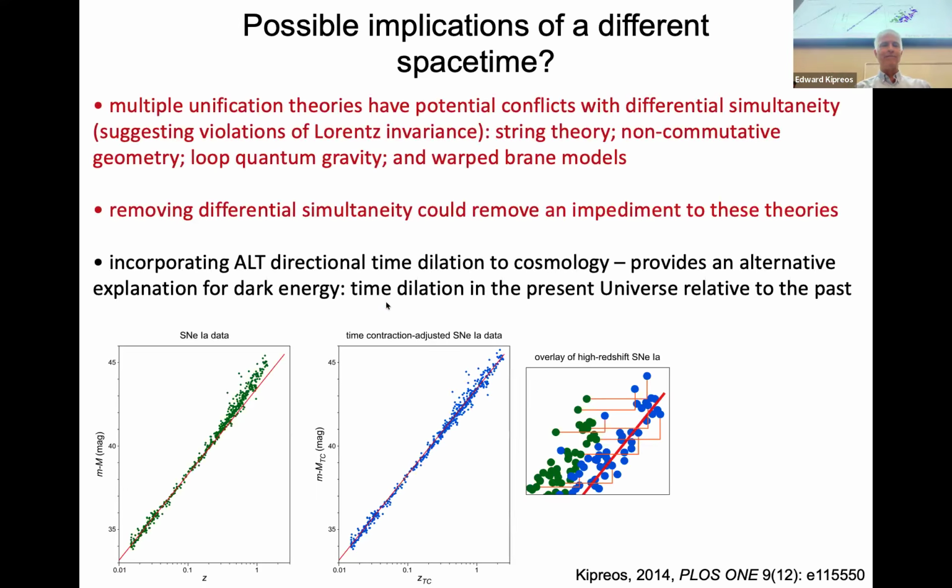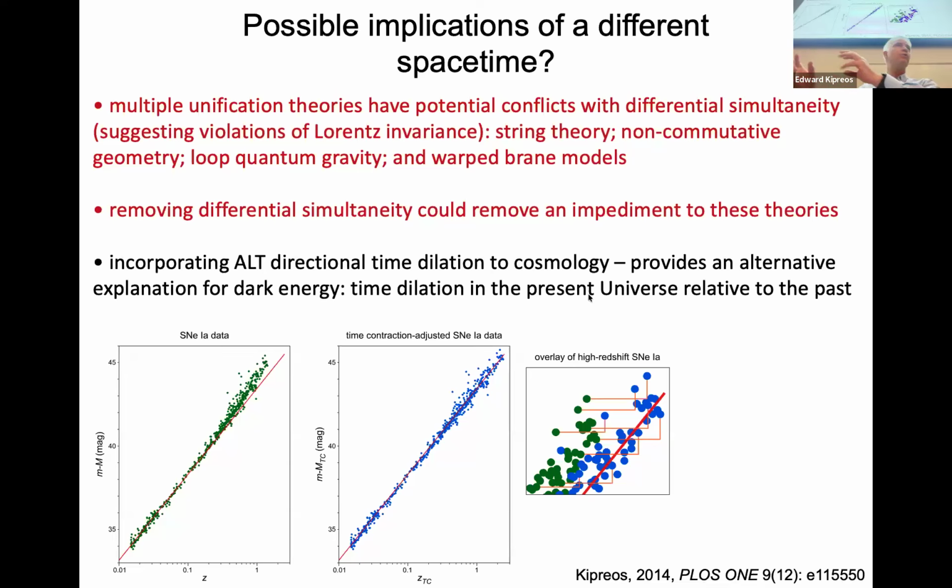And then I don't really have time to go over this in this seminar, but I have a paper from 2014 that said if you take directional time dilation, which ALT predicts, and apply it to cosmology, it's going to produce an alternative explanation for dark energy. So instead of having dark energy, you would have time dilation in the present universe relative to the past.